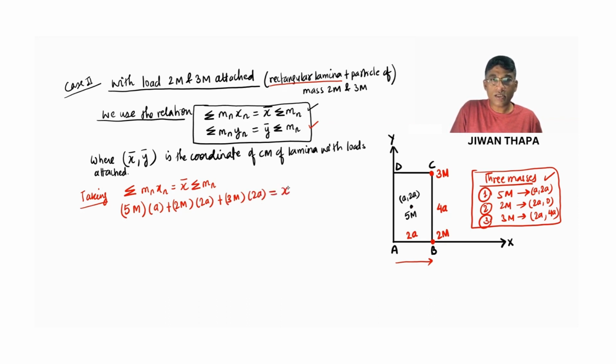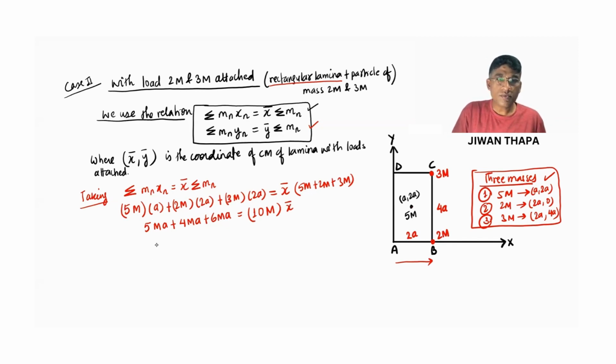This whole equals x bar times summation m, and we need to add all these masses: 5m plus 2m plus 3m. So let us simplify this expression. We have 5ma plus 4ma plus 6ma equals 10m times x bar.